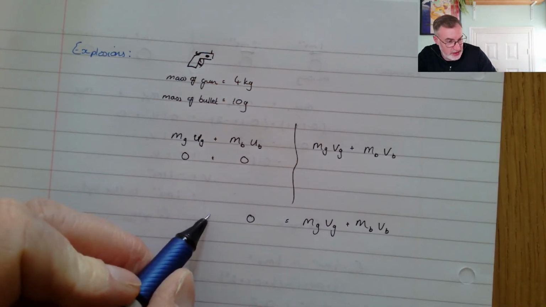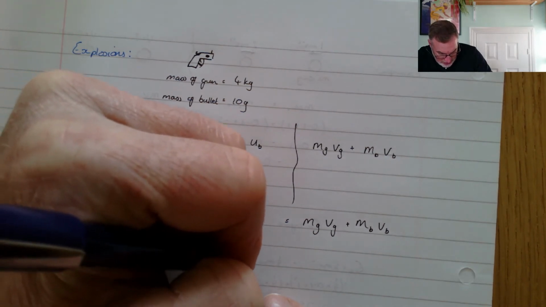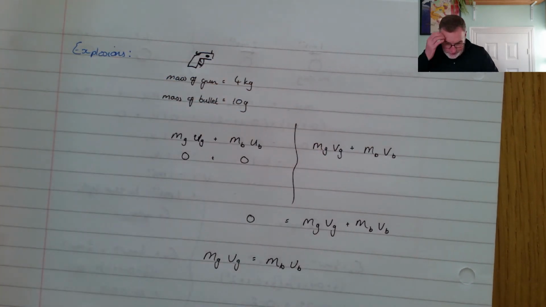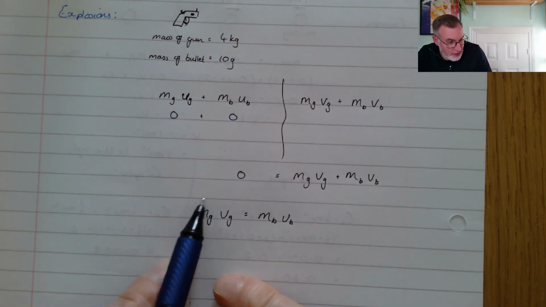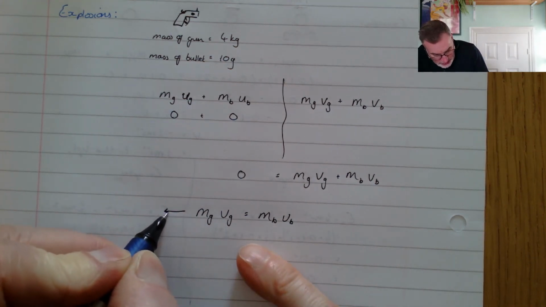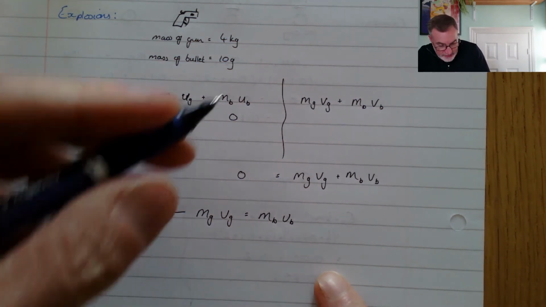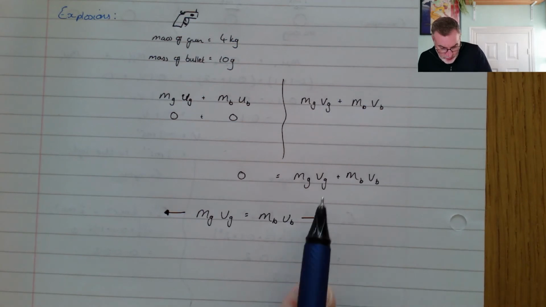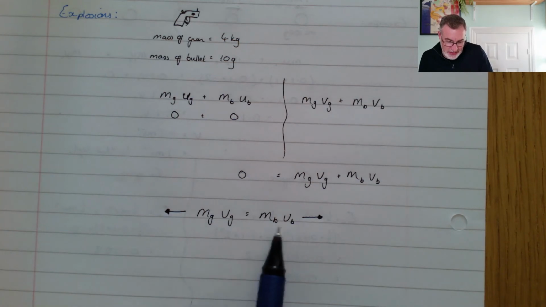And if you take that over to the other side, the mass of gun times velocity of gun is going to equal mass of bullet times velocity of bullet. So the momentum of the gun is going to equal the momentum of the bullet, but they will act in opposite directions. Be aware, although I'm taking this over, I'm not going to include the negative because that one goes that direction, that one goes that direction.